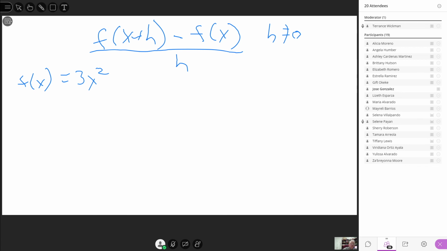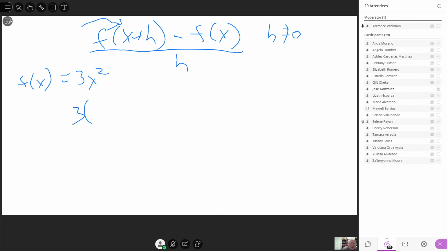So what is this part? What is our x in this case? In the first part of the equation, what is x? It's x plus h. When you have this part right here, anything after the f is the x technically. So the first thing says they want us to square it.